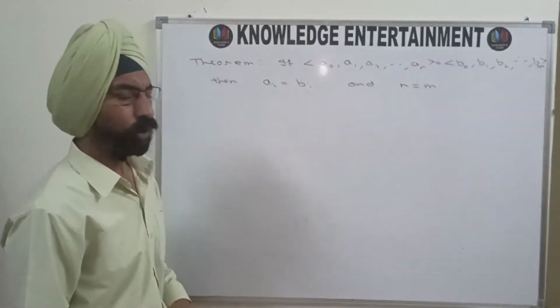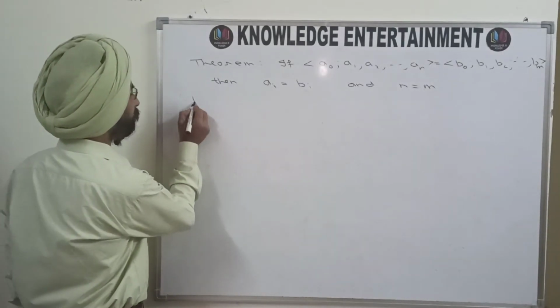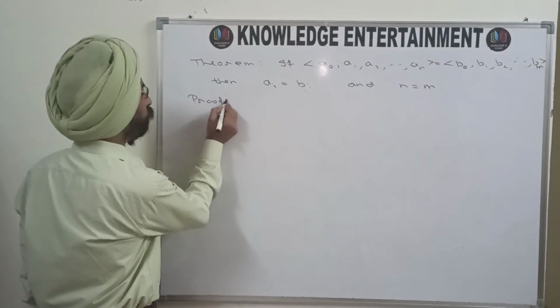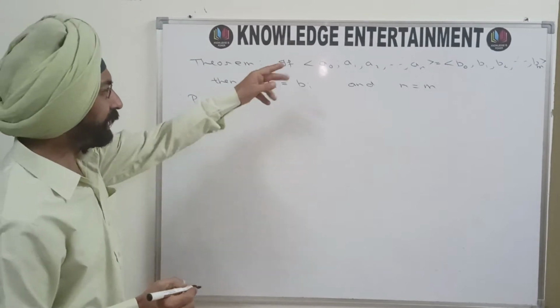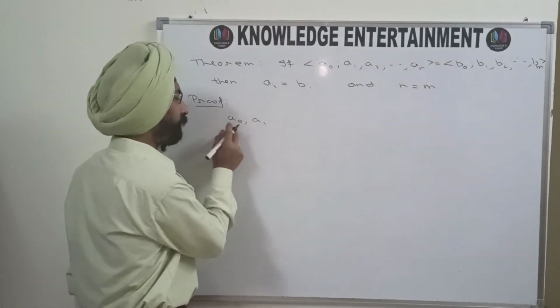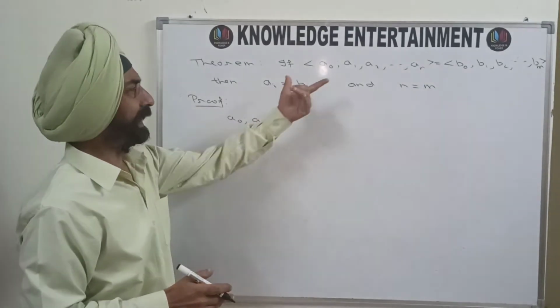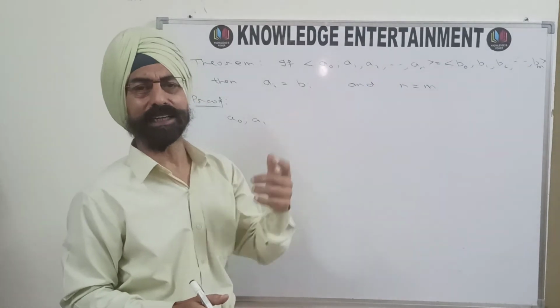So this we are to prove, and the proof is definitely very easy. Let us see how to prove it. I am going to start the proof of this theorem. We are given that [a0, a1, a2, ..., an] is equal to [b0, b1, b2, ..., bm], and a0 is the integral part of the rational number represented by this continued fraction.